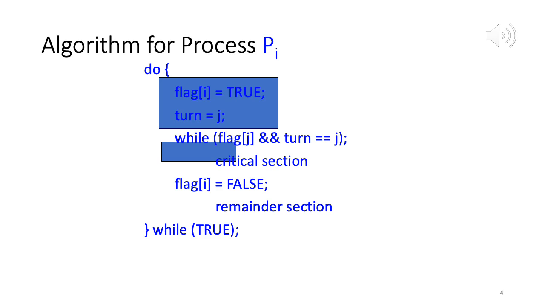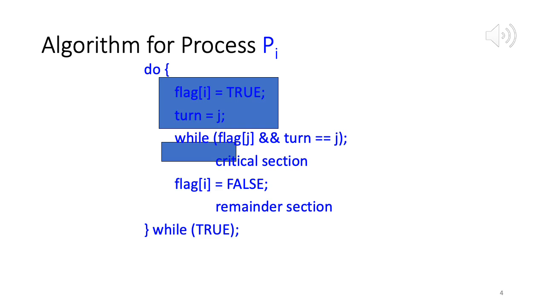So for Pi, first we have the entry section, right? In the entry section we have two statements. Flag I is equal to true, which means that now Pi will declare its intention to enter its critical section, and then turn is equal to J. So both processes will be nice to each other and they will give the turn to the other process.